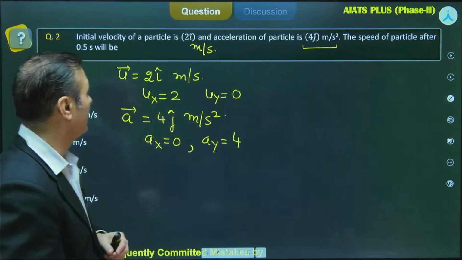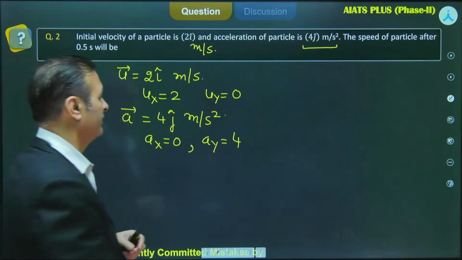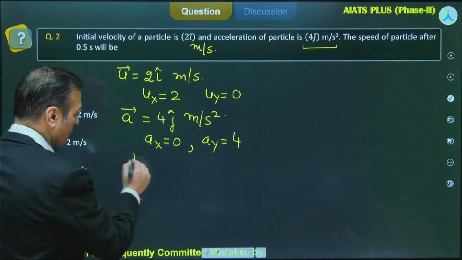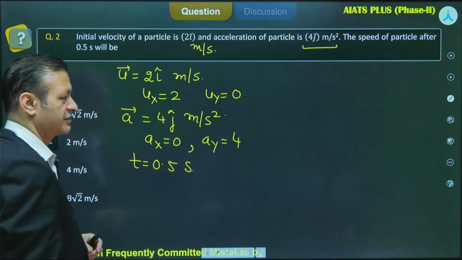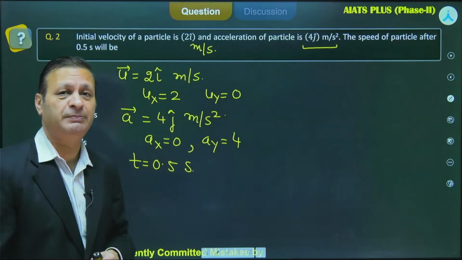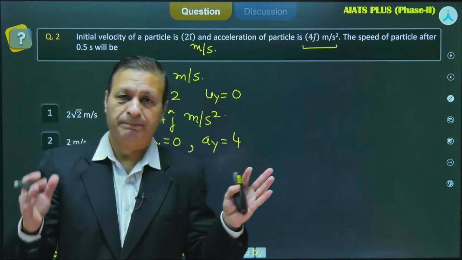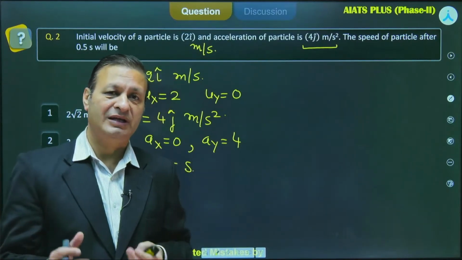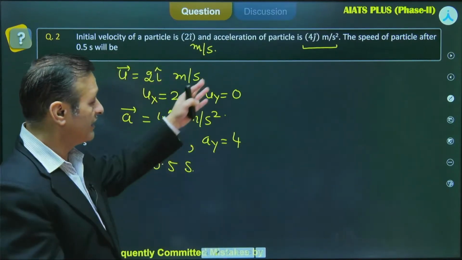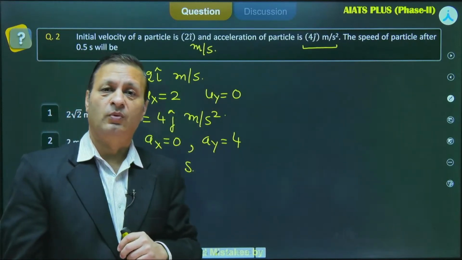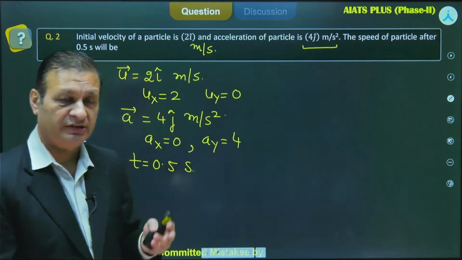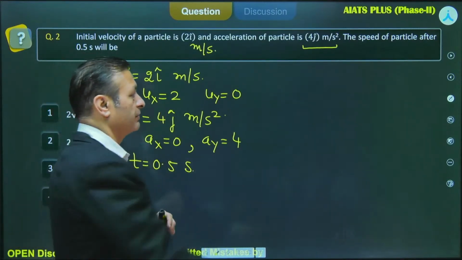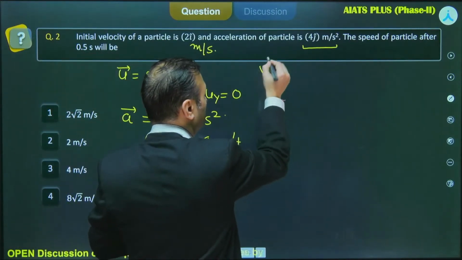The speed of the particle after 0.5 second. Now time is also given to us as 0.5 seconds. So we have to find out the speed part. Because the particle has an initial x component and it is acted on by a y component acceleration, this is already a two-dimensional concept. So let's understand using the equation.